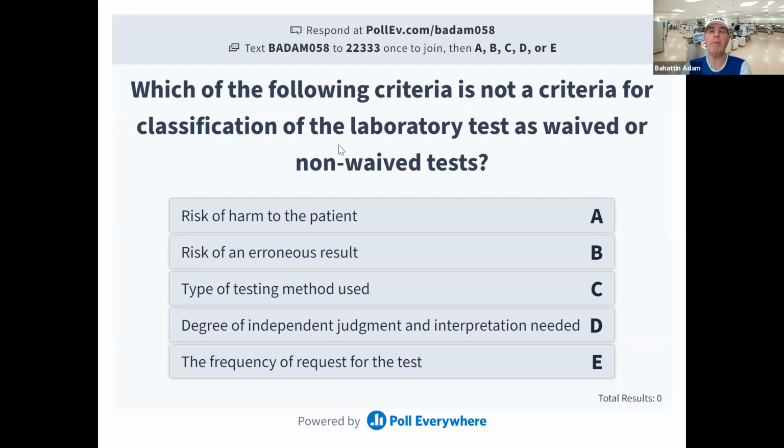Now, which of the following criteria is not a criteria for classification of the laboratory test as weighted or non-weighted tests? As you remember, we classify the lab tests as weighted and non-weighted, and non-weighted tests are moderate complexity tests.